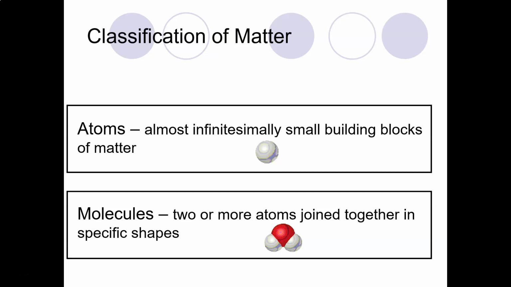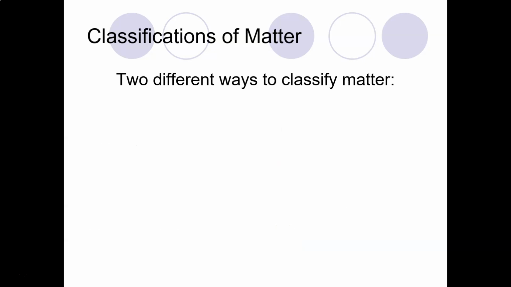In this example, that white atom in the atoms box is a hydrogen atom, and the molecule in the molecules box is water, which has 2 hydrogens and 1 oxygen. So it's not that they're just near each other, but they're physically attached to each other. It could be 2 atoms, it could be 47 atoms. I don't care how many atoms there are, but as long as there are 2 or more atoms stuck together, we have a molecule.